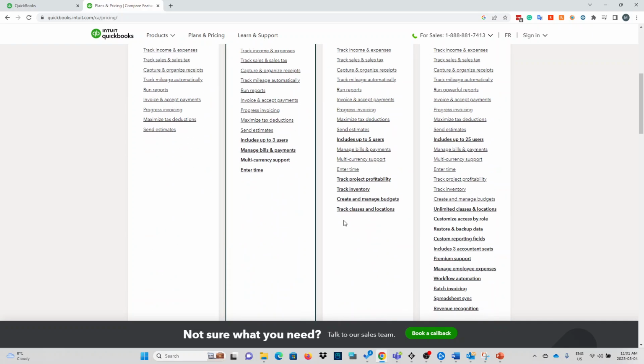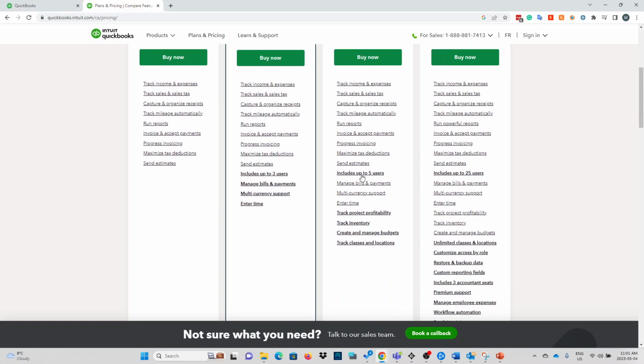Why? Because of budgeting, profitability, 5 users, inventory. These things are mostly needed for companies that have, for example, more than 3 people helping you out. You have an accounting department, or a 5-person team, and you need all of them to have access for different purposes. Maybe someone manages the AR, someone else manages the AP.